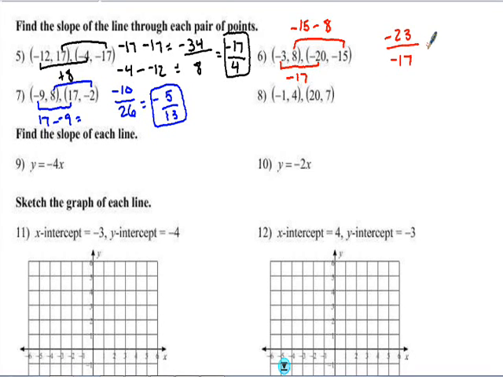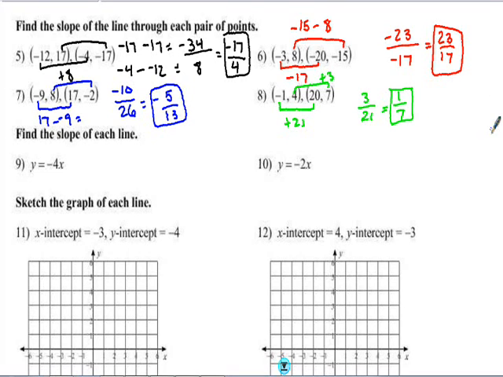Alright, negative 23 divided by negative 17 simplifies to just 23 over 17, because a negative divided by a negative is a positive. Then one last one, so from 4 to 7, I can figure that one out. That's plus 3. And from -1 to 20, that's plus 21. So I have 3 over 21, which is going to simplify to 1 over 7.